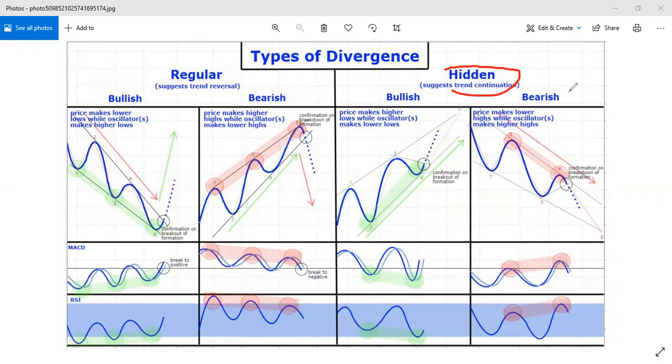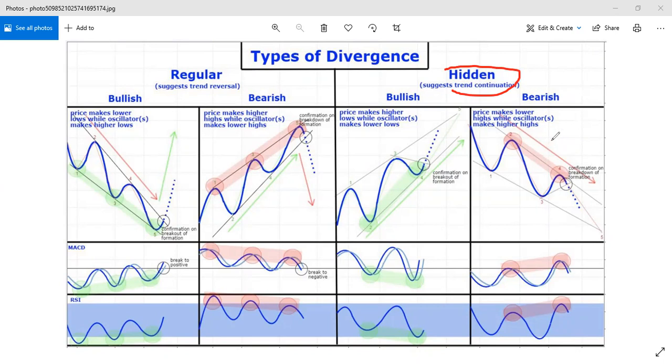Now, let me take some time to explain more about hidden divergence. Hidden divergence is basically used for continuation of trend, right? You can only use this to determine when a trend is most likely going to continue in a particular direction, either an uptrend or a downtrend, all right? Now, what do we want to look out for in a downtrend, in a bearish trend?